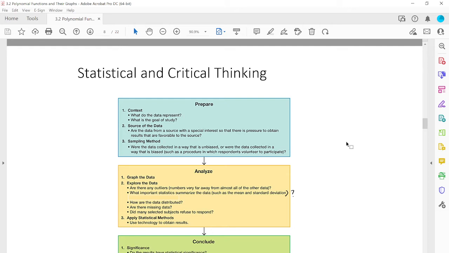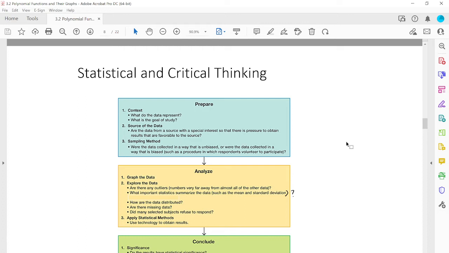Were the data collected in a way that is unbiased? Sometimes we could collect the data in a way that favors our interest. So the data collection or sampling method should be unbiased. That's a very important thing, and that comes in the preparation phase.